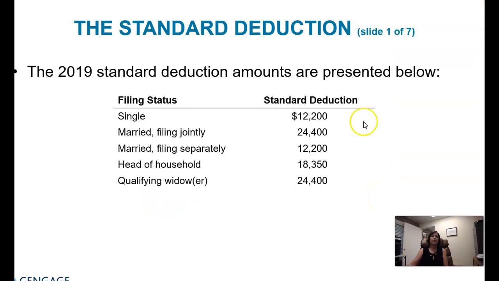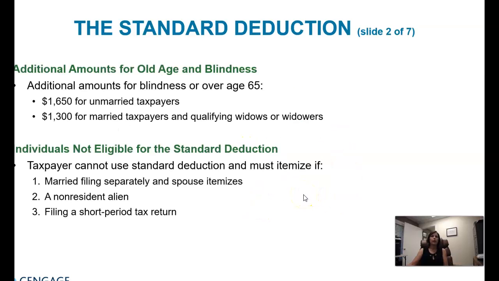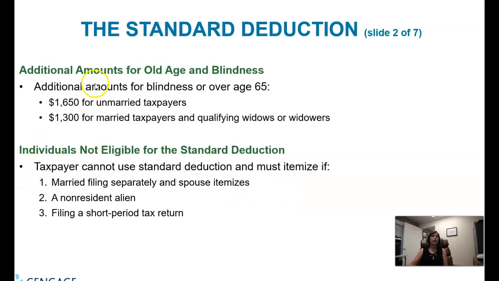This is the table with the standard deduction based on filing status. For those who are not itemizing, this is basically what they take as their standard deduction. In addition, there are additions to the standard deduction for people who are blind or over 65.